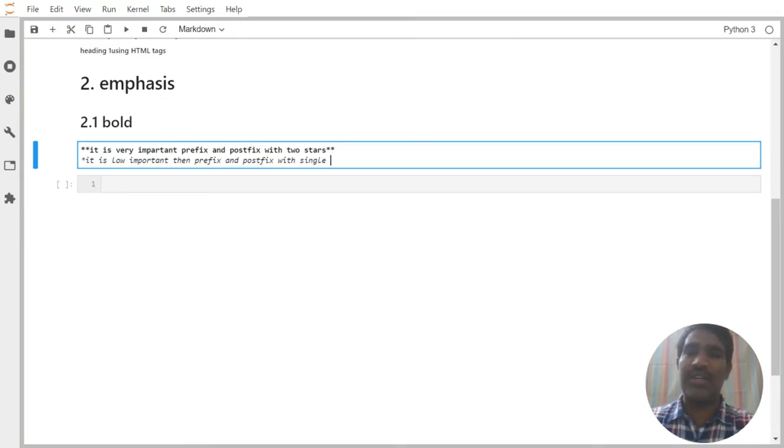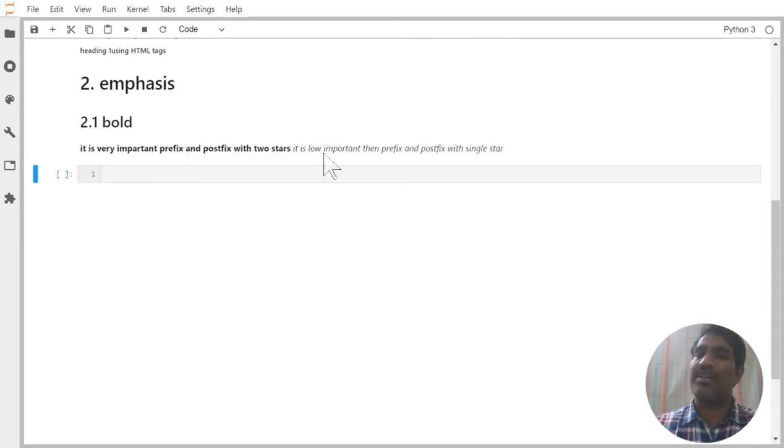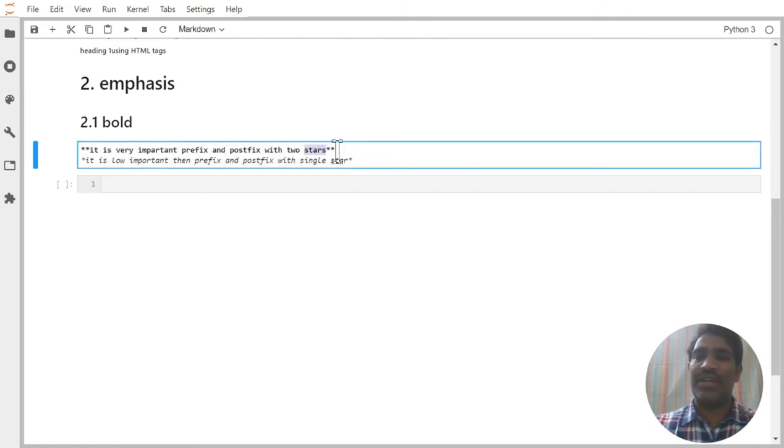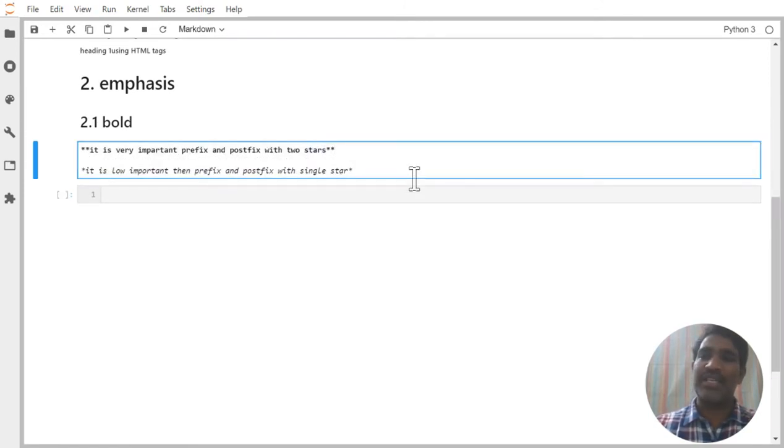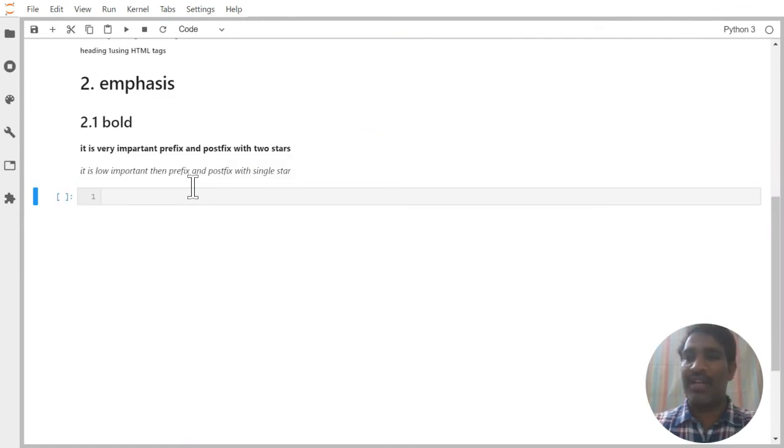Did you notice that the letters came slightly as italic? Okay, if I want a space here, you can write one line break so that we get separate lines.